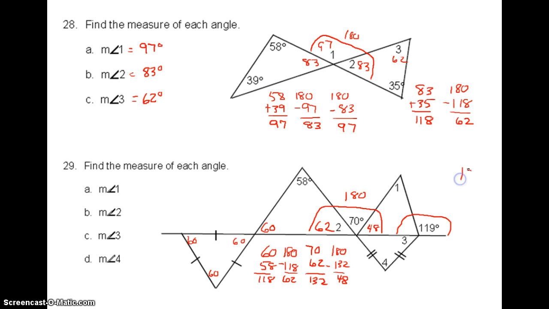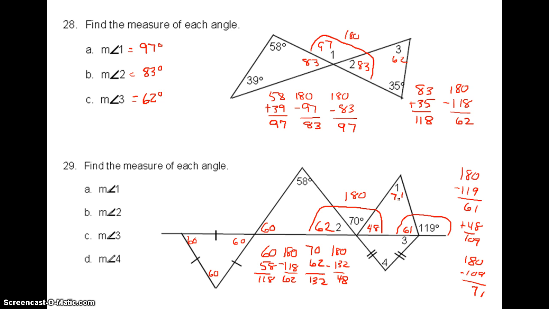So 180 minus 119 is 61. So this angle here is 61. If I add 61 and 48, that gives me 109. 180 minus 109 gives me 71. So angle 1 up here is 71 degrees.